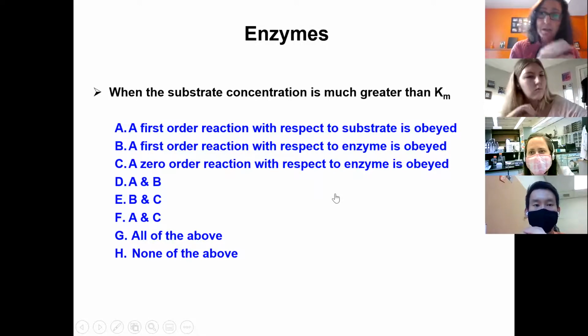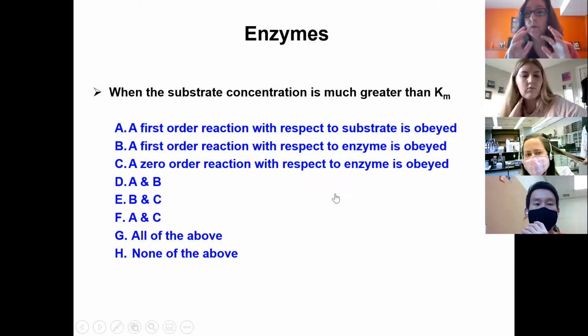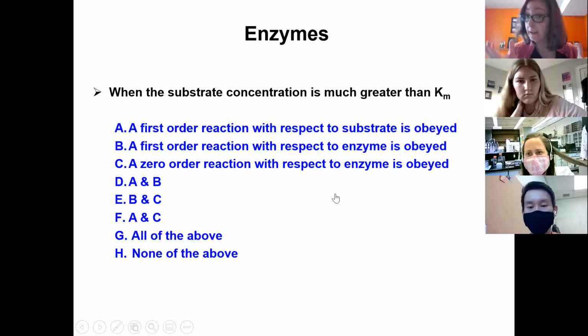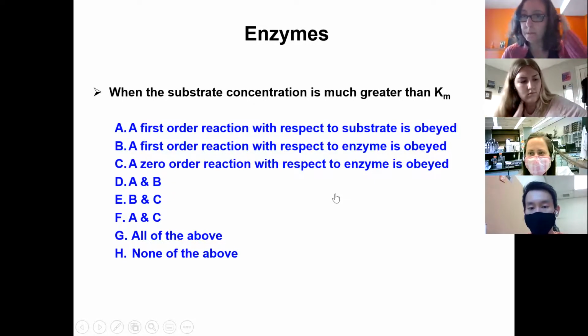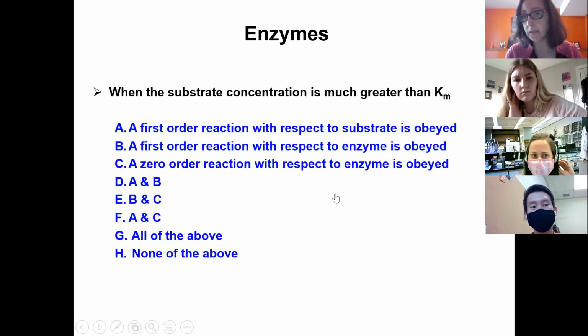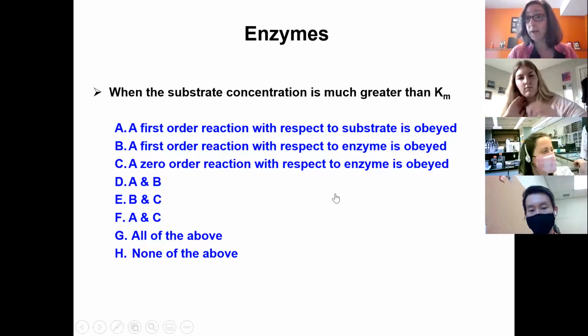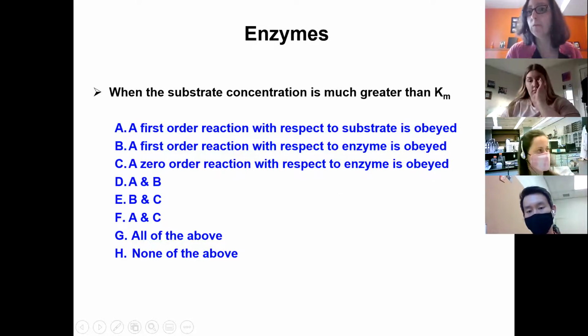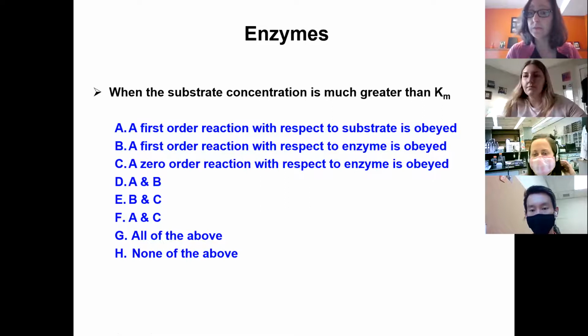We need to know Vmax and Km when we're building an assay, or in industry. If I want to produce cheese, I want to know how much chymosin I need to produce a certain amount of curd per certain amount of time. So I need to understand the kinetics of my chymosin so that I know what concentration to use.